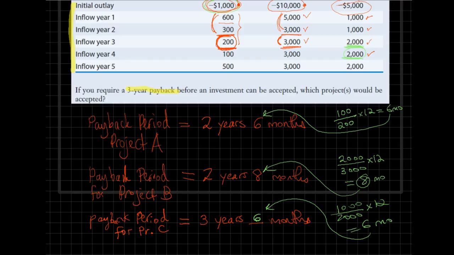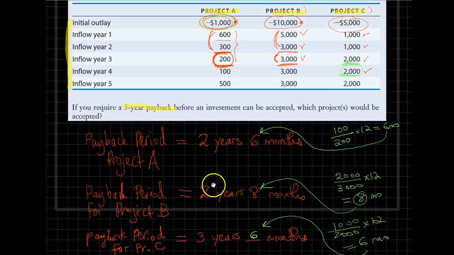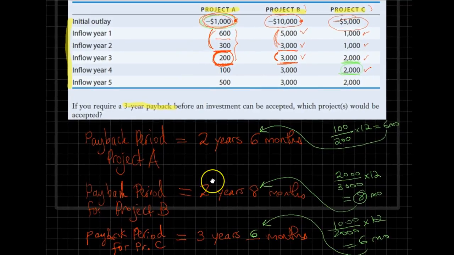So we have calculated the payback period for all 3 projects. Now the question is, which ones are acceptable given that the threshold is 3 years? Because we can recover our initial investment in less than 3 years, project A is definitely acceptable.